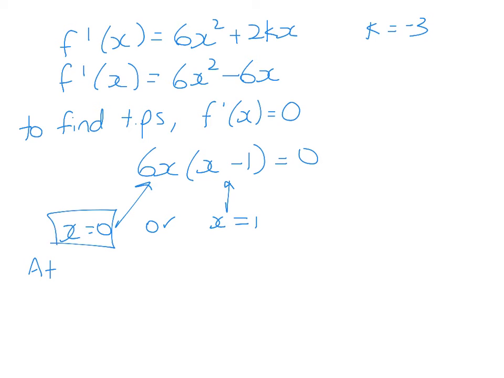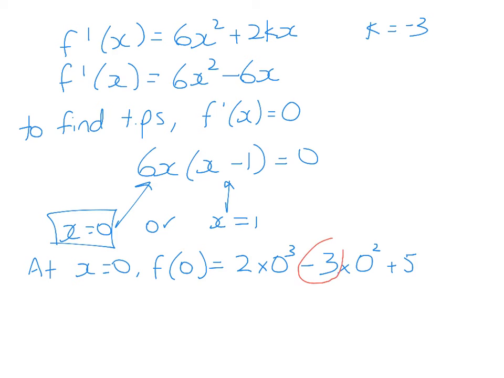So this is the one we're going to work with. At x equals 0, what's the y value? f of 0 is equal to 2 times 0 cubed minus 3 times 0 squared plus 5. Notice I've sneaked in there my k value.